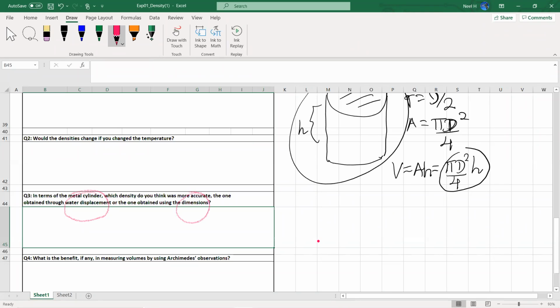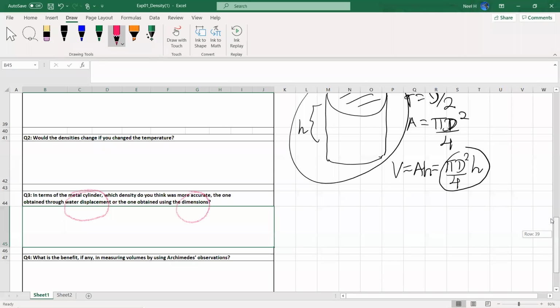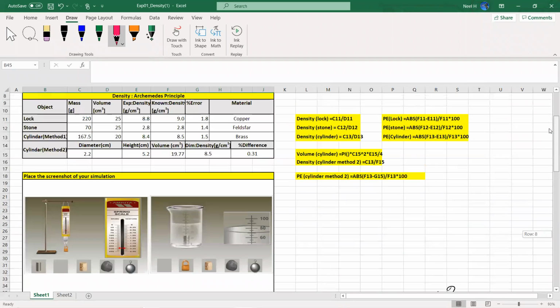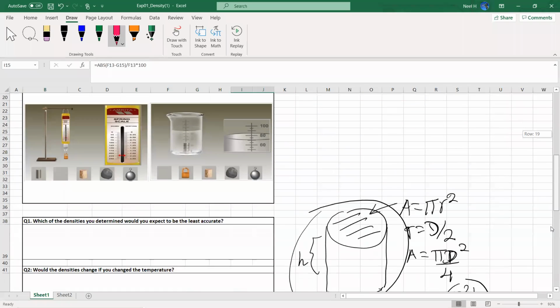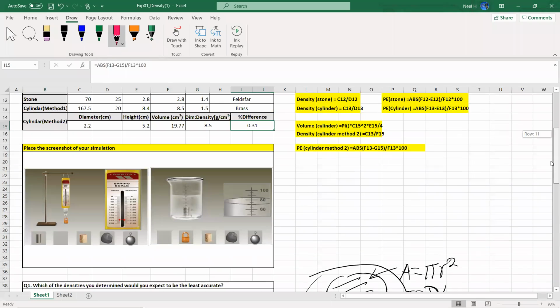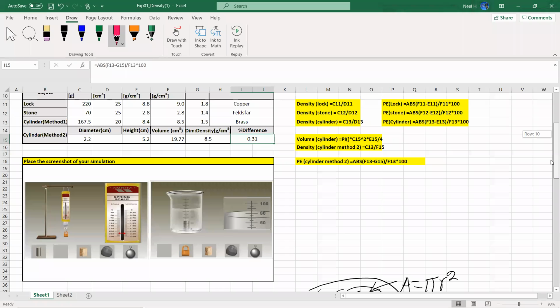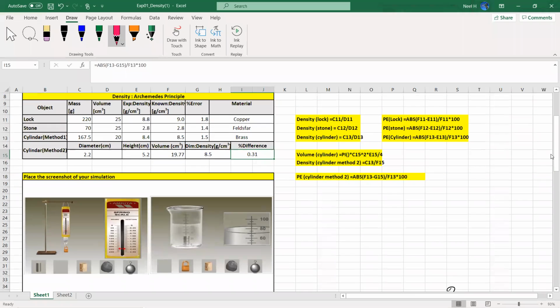To get the answer, we can take a look at our percentage error. Whichever has the lowest should be more accurate, okay? Look at the percentage error and stick to that. Which one has the lowest is going to be the most accurate answer, okay? Oh, so the one measured by dimensions was... The dimension method in this case has the lower percentage error, correct.